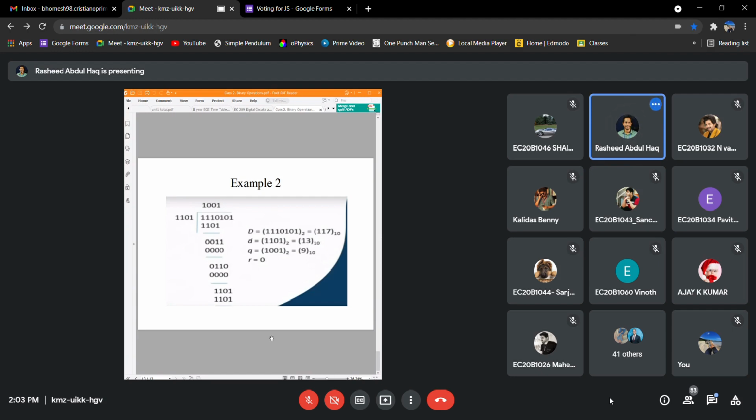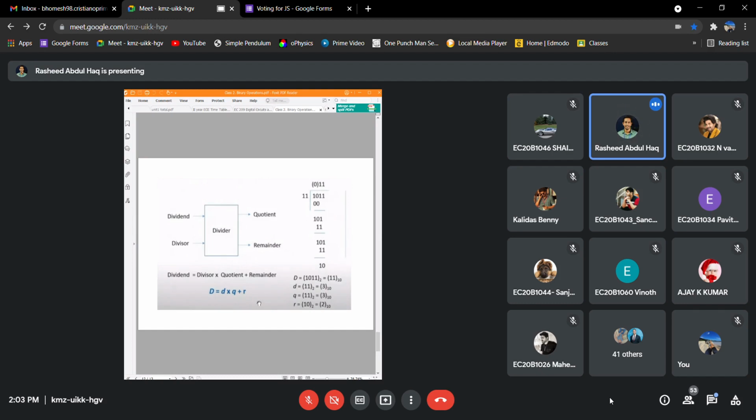So we will get 1101 in balance, and finally we multiply it with 1. So we will exactly get 1101, and the remainder is 0. This is one example.